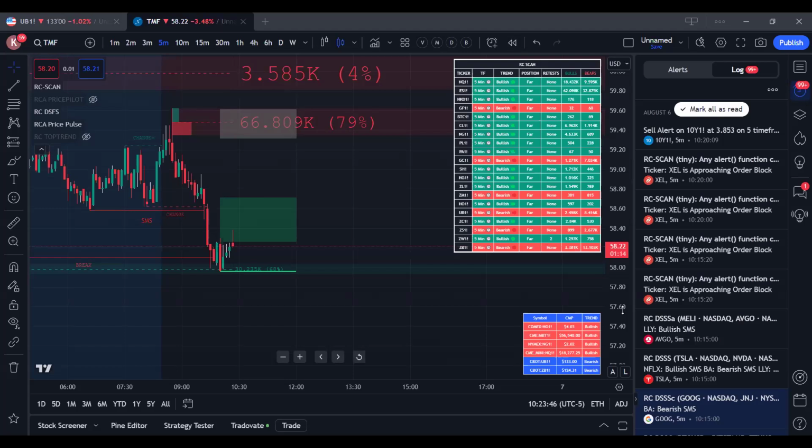And one more thing is UB and 10 years, they are opposite to each other. So if UB starts moving up, 10 years will start going down.